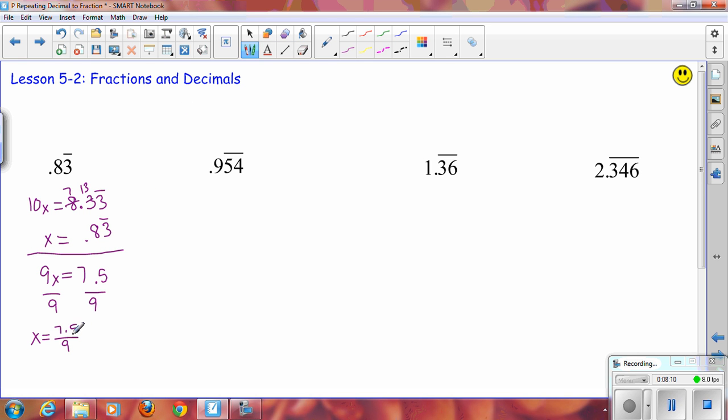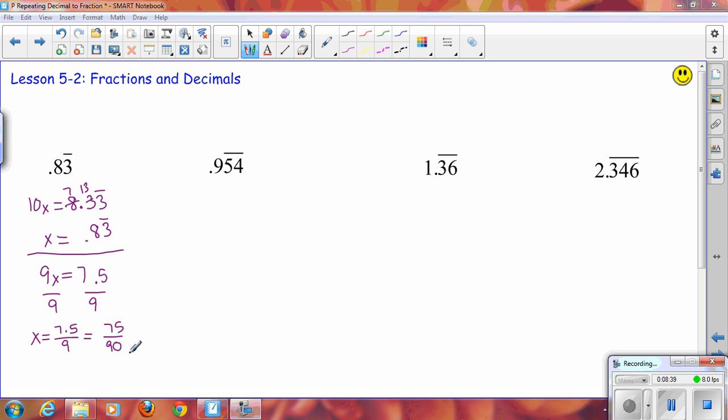7.5 over 9. Now, we don't want decimals in our fractions. And in order to get rid of that, I'm going to multiply the top and the bottom of this fraction by 10. That gives me 75 over 90. Then I can simplify this fraction, okay? And both of those numbers are divisible by 15.